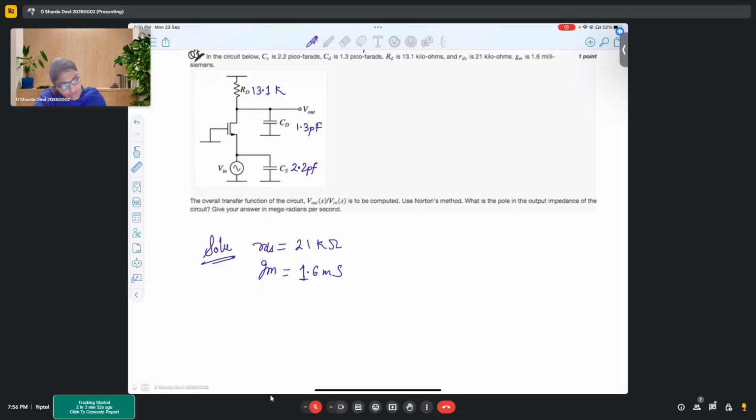So the overall transfer function of the circuit Vout by Vin is to be computed. Use Norton's method. What is the pole and the output impedance of the circuit?